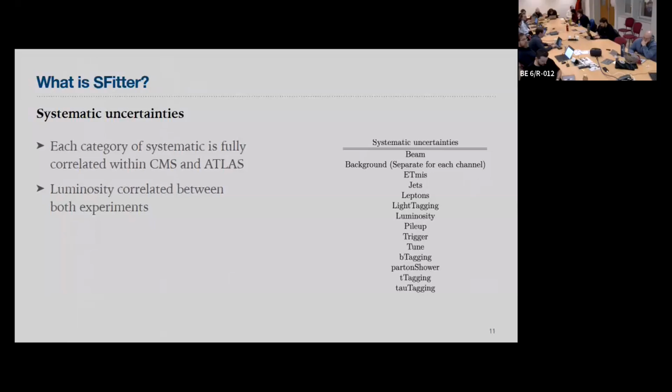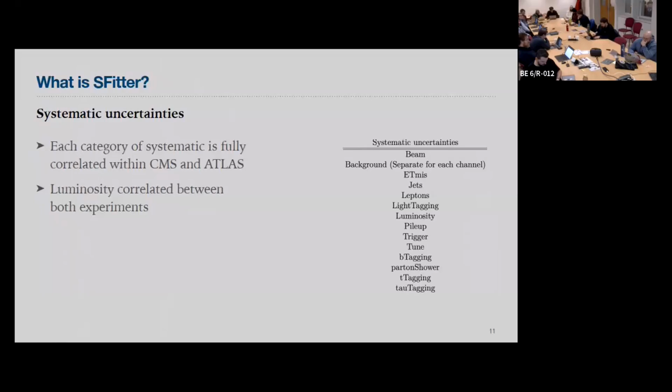So basically, we assign different uncertainties we get from the papers to these categories, and every systematic uncertainty for all of these different measurements within ATLAS is then correlated to the same uncertainty from a different measurement within ATLAS completely. And the same goes for all of the CMS measurements we add. The only exception is the luminosity, which is correlated between both ATLAS and CMS, and all measurements, because obviously all of the measurements are taken at the LHC. So this is a reasonable assumption for us.